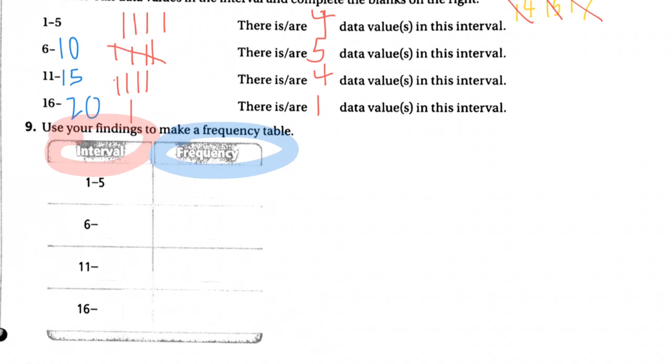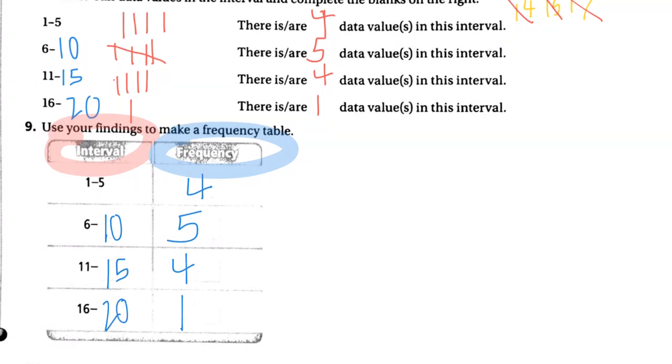That is just the number of times that data in that interval occurred. So I would have 4, 5, 4, 1, and the intervals are 1 to 5, 6 to 10, 11 to 15, and 16 to 20.